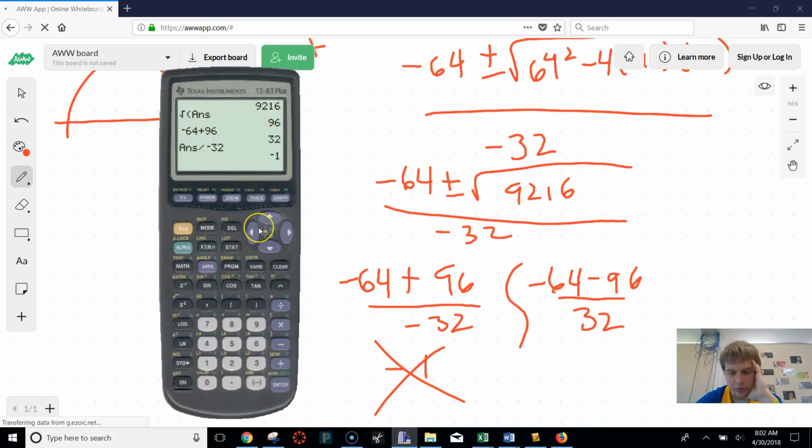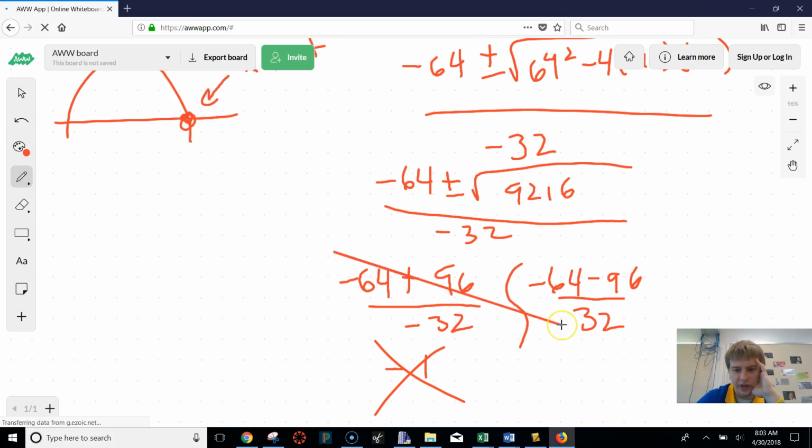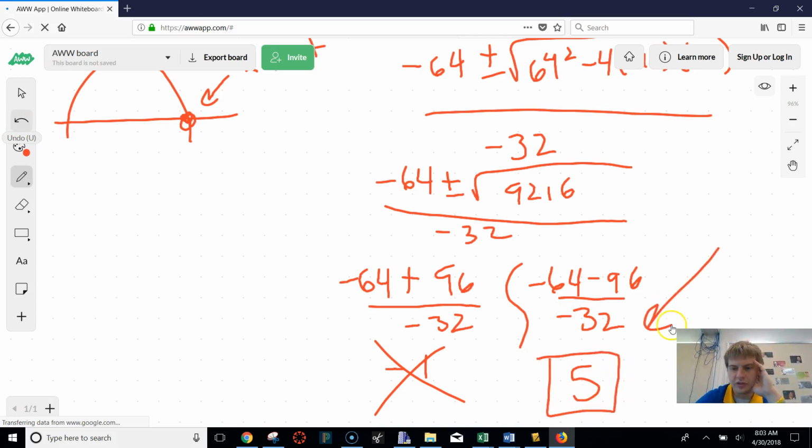So then we would just do the other one, which would be negative 64 minus 96 divided by negative 32. And that would give us 5. I forgot to put my negative sign there, but that's okay. So this would be our answer. It would take 5 seconds for it to hit the ground.